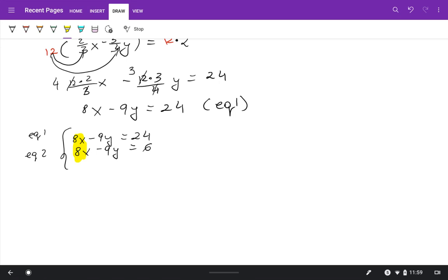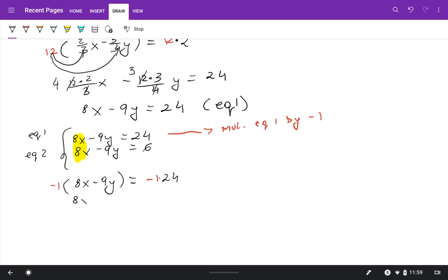So in order to eliminate x, I should have the opposite. So to get the opposite, which will be 8 and negative 8, I'm going to multiply equation 1 by negative 1 to get that opposite. So this is negative 1 times 8x minus 9y equal negative 1 times 24.